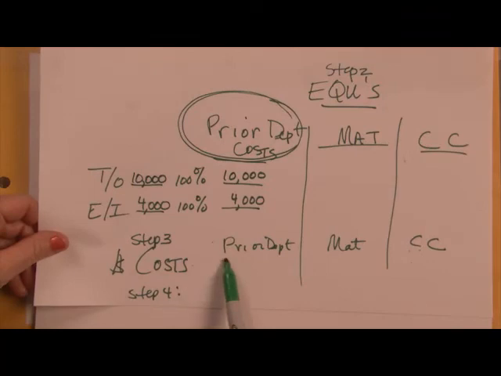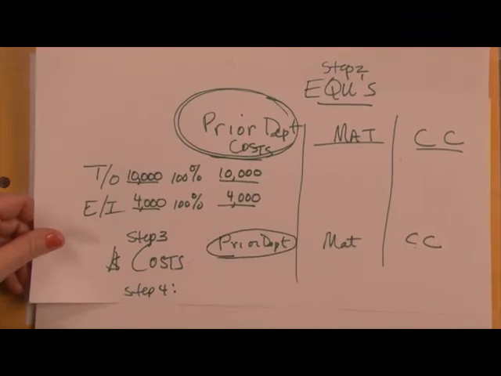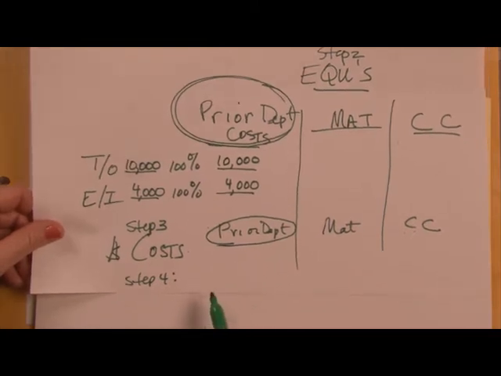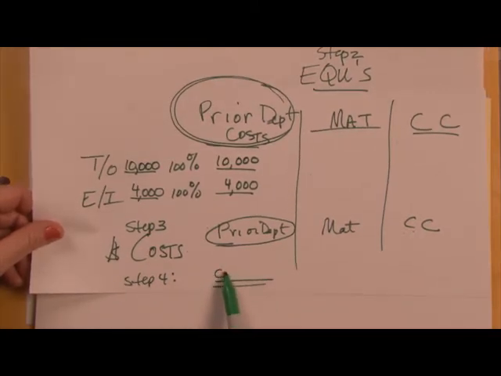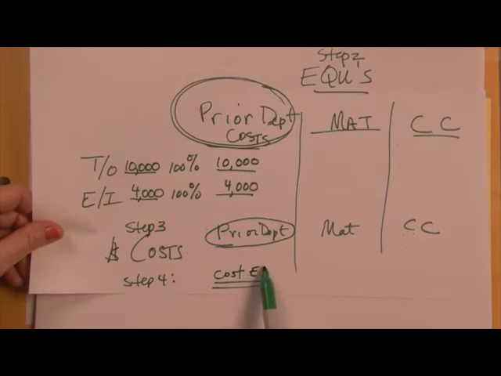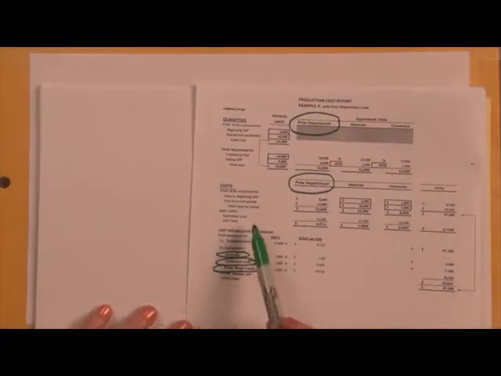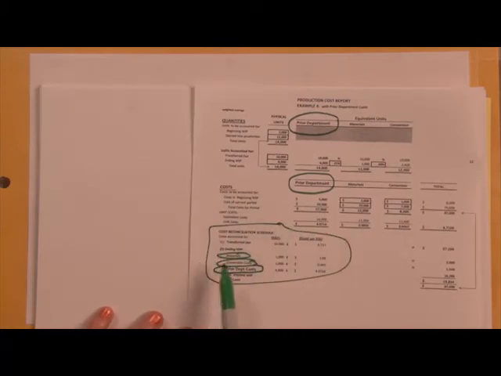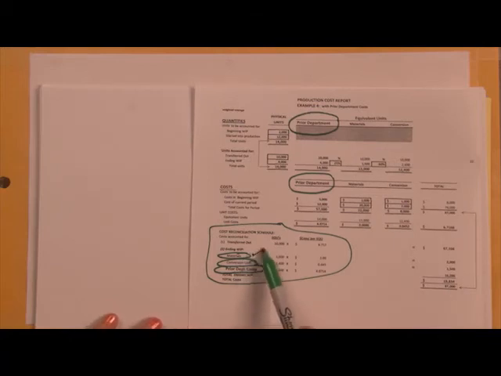And finally, in step 3, you'll be accumulating cost using prior department cost. You will calculate a cost per equivalent unit in step 4 for prior department cost. And finally, as I showed you, when we assign the goods, and this is in the reconciliation part of the template, you will assign cost based on materials, conversion cost, and prior department cost.